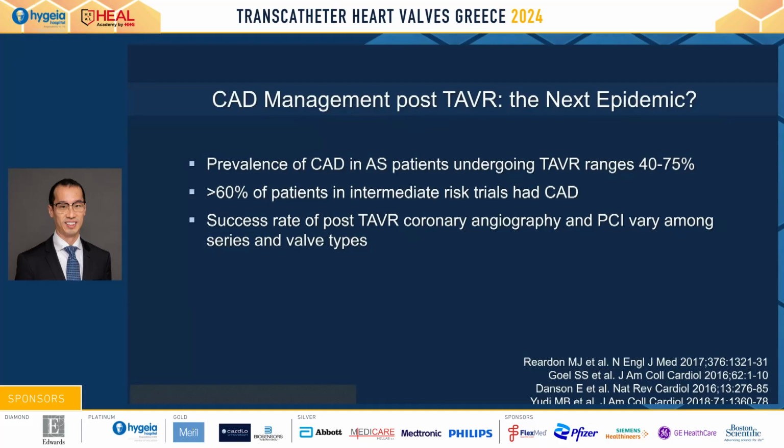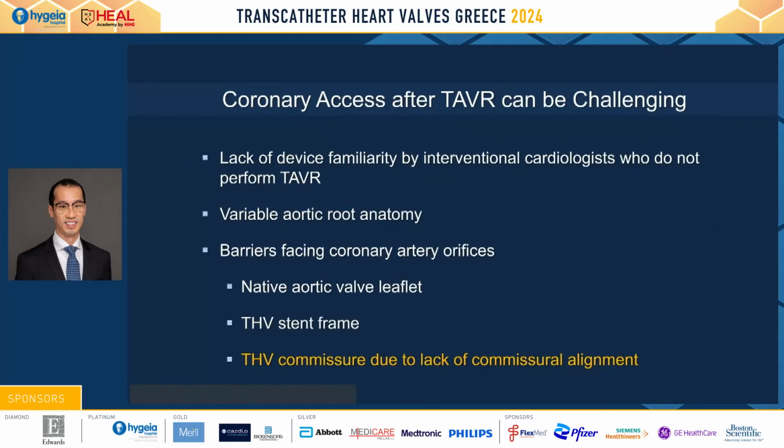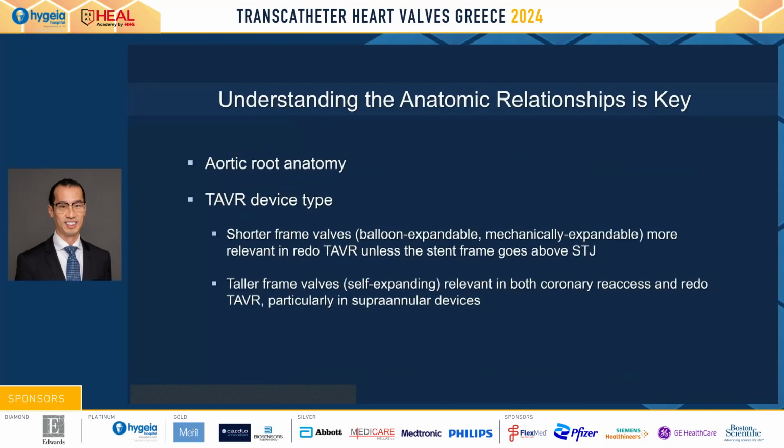And so it really depends on the coronary angiography and PCI, depending on the device type and anatomy of the aortic root. And the reason why it can be challenging is that most operators out there are not familiar with TAVI at all. And so there are a number of barriers limiting re-access: not just the native aortic valve leaflets, the valve frame, and of course, the valve commissure if you have misalignment.